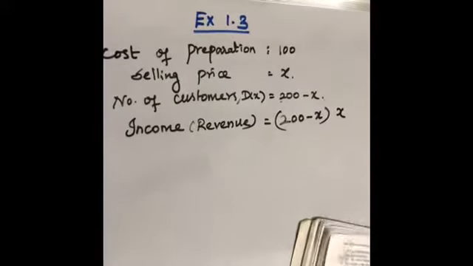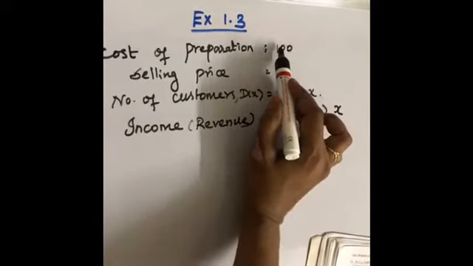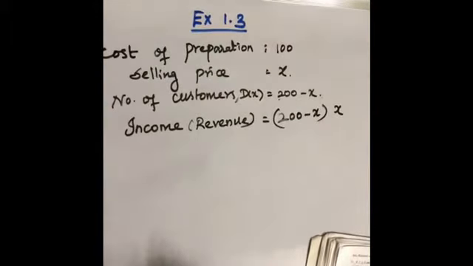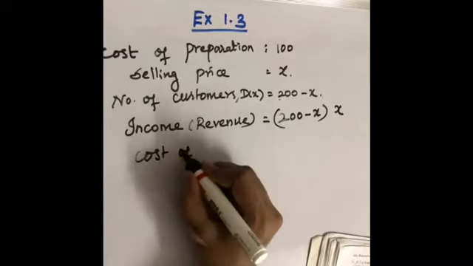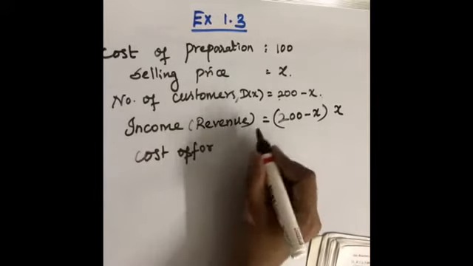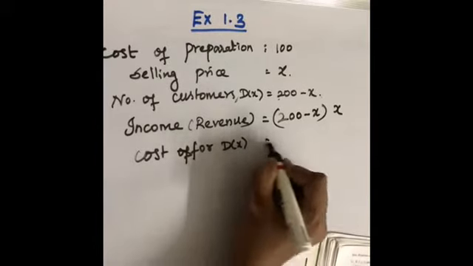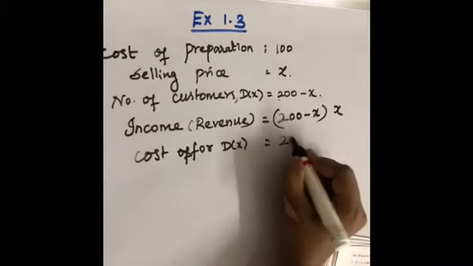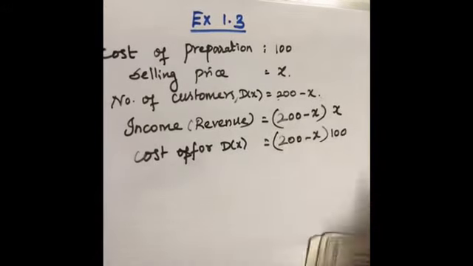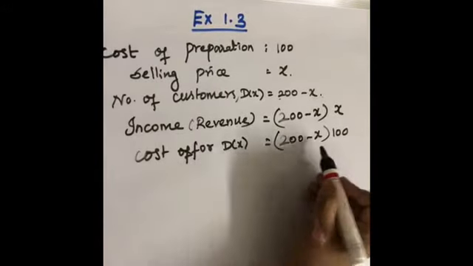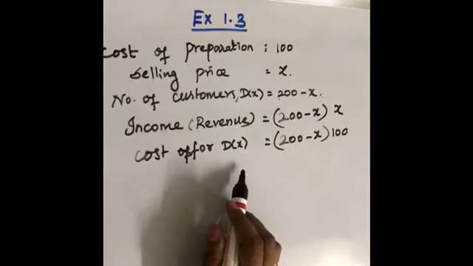Okay, so cost of preparation for one pack he can make it in rupees 100. So, again the cost of preparation for the customers d of x is equal to 200 minus x into 100. Okay, he actually spent 200 minus x into 100 rupees to make that packets, lunch packets.